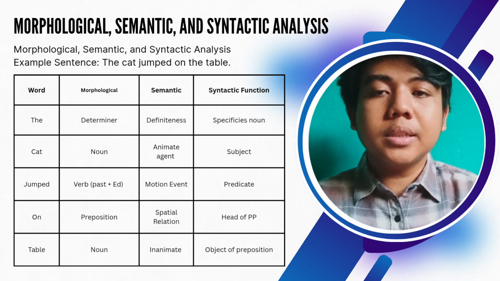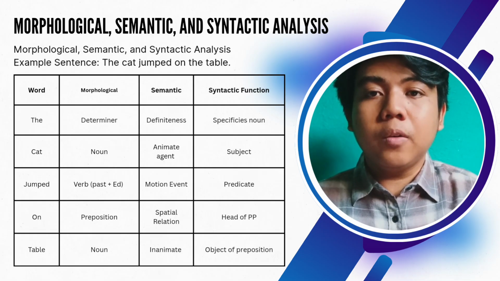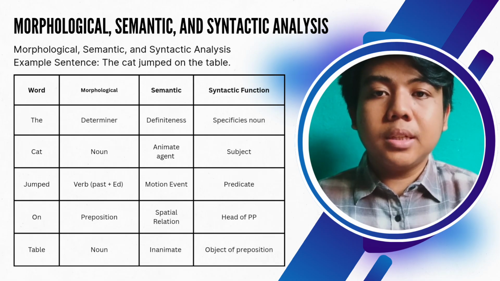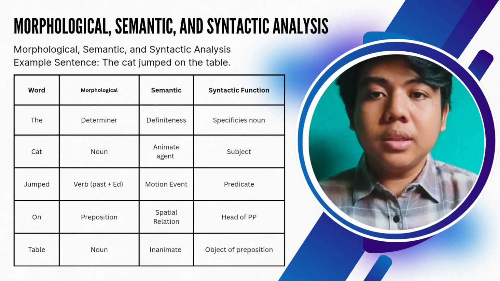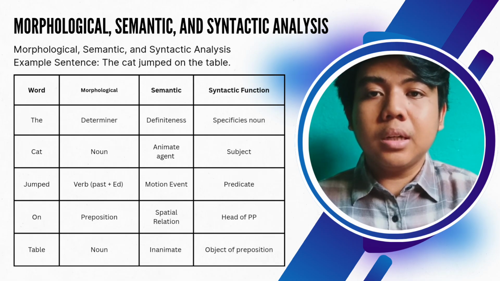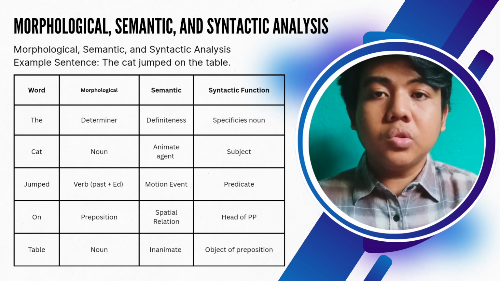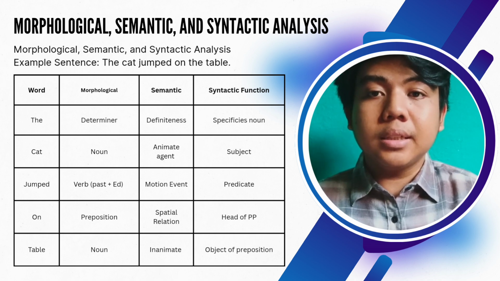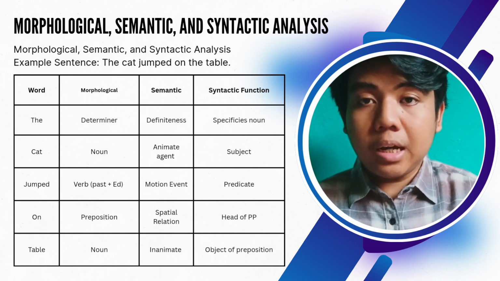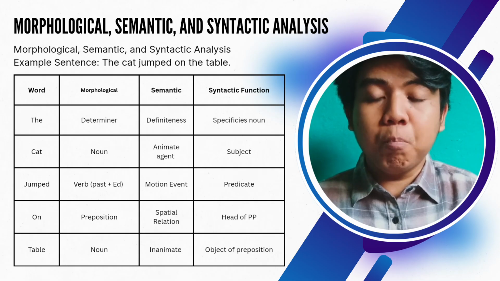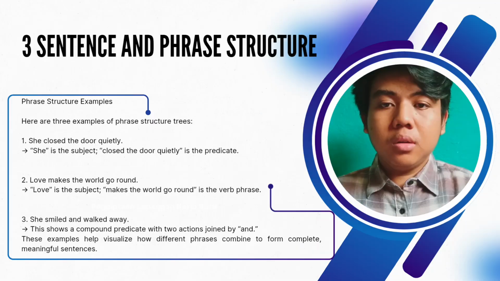Syntactically, it's the head of the prepositional phrase. Then the word table, morphologically, is a noun. Semantically, it refers to an inanimate object, and syntactically it is the object of the preposition. So overall, this analysis helps us see how each word contributes meaning and grammatical function to the sentence.